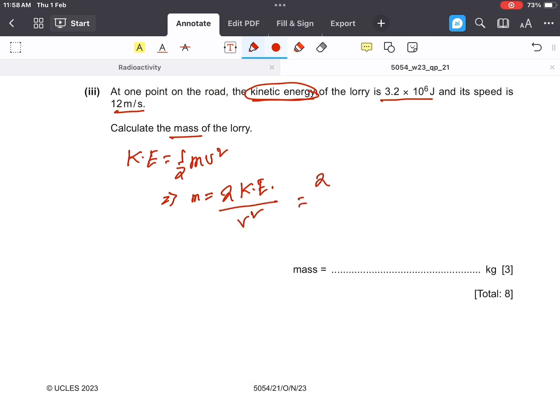Now we place the values. So 2 multiplied by the kinetic energy that is given, 3.2 × 10^6, divided by the velocity 12 squared, which will be equal to 4.4 × 10^4 kg. So we'll be awarded 3 marks if we do all the steps correctly.